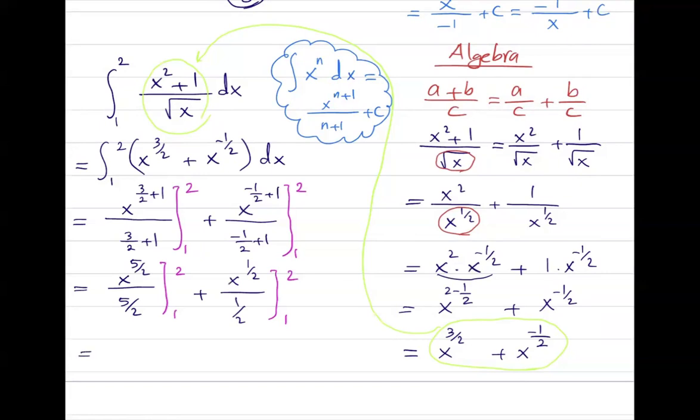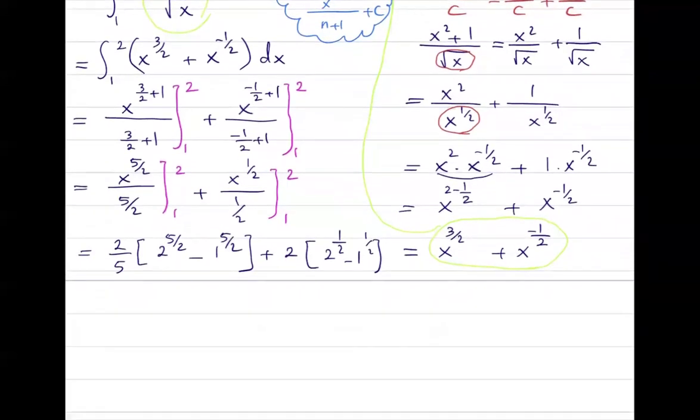So this guy can be written as 2/5, and then plug in 2. You get 2 to power 5 over 2, plug in 1, negative 1 to power 5 over 2, close the bracket, plus 2 bracket 2 to power a half minus 1 to a half.